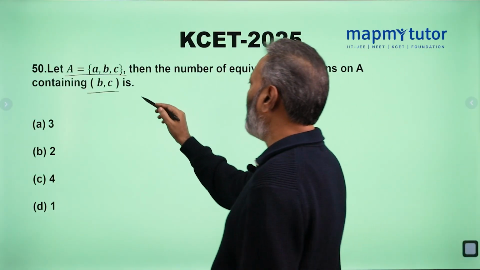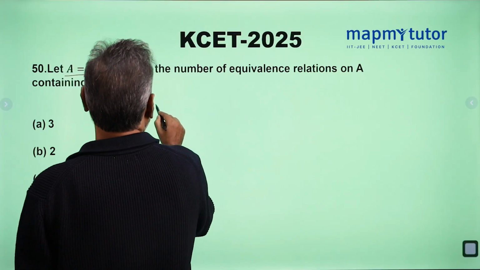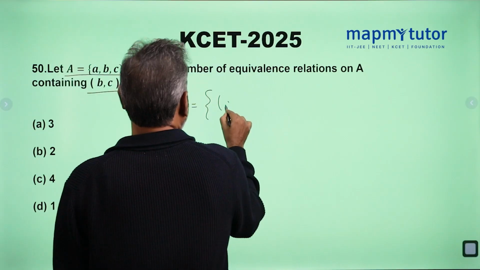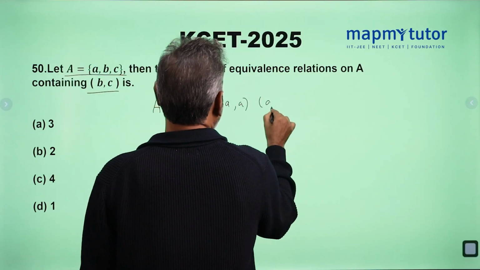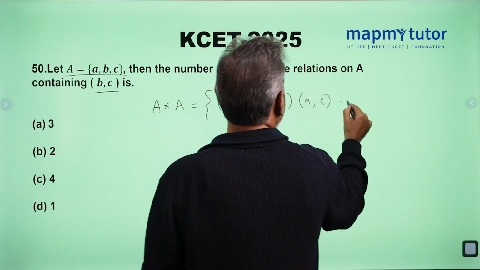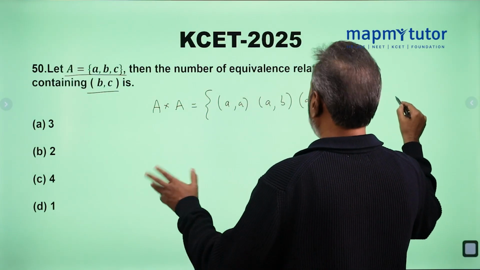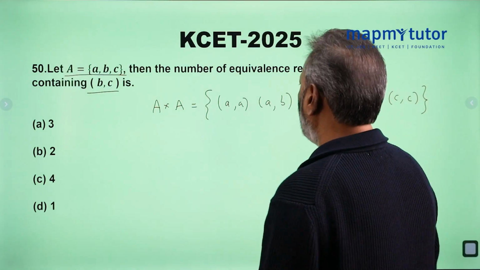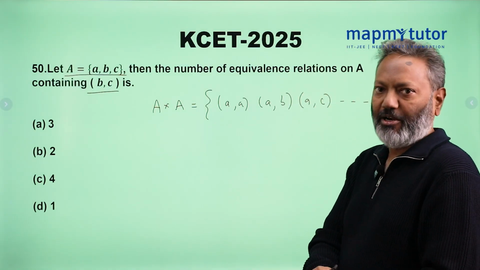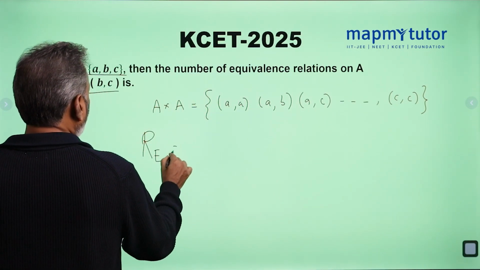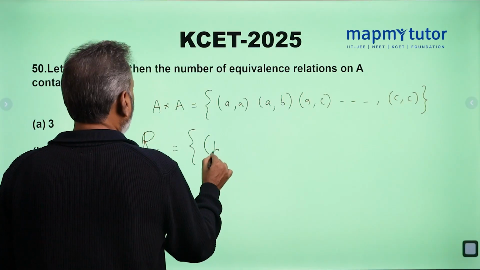Since BC is a must, I can write A cross A as AA, AB, AC, and like that BA, BB, BC, and like that CA, CB, CC is the last. So 9 ordered pairs will be there in A cross A. Now I need an equivalence relation which must contain BC.